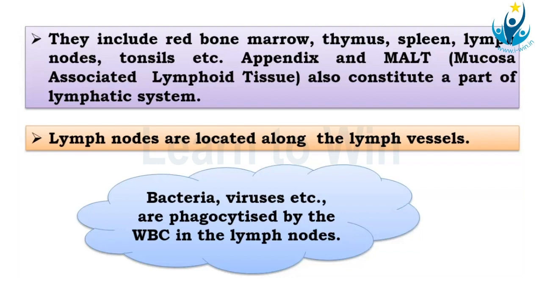Lymph nodes are rich in those kinds of cells which can carry out phagocytosis, meaning destruction of bacteria, viruses, and whatever harmful organisms have been collected from the body tissues by the lymph. All their destruction happens in the lymph nodes because lymph nodes are rich in WBC.